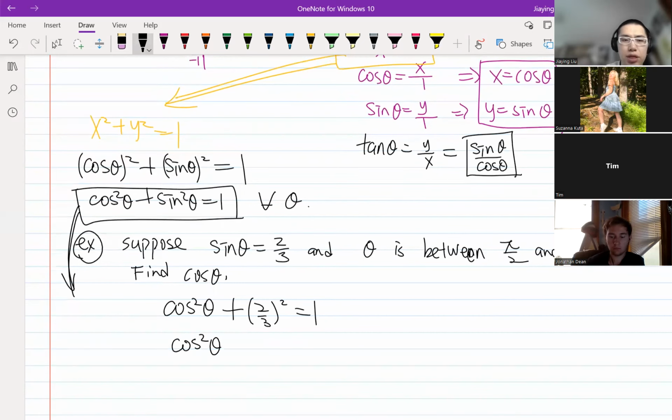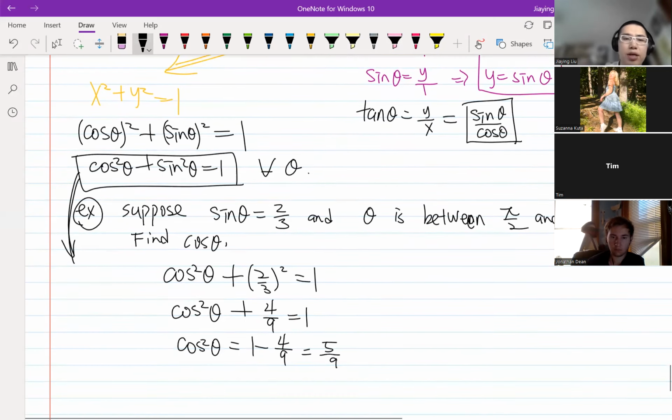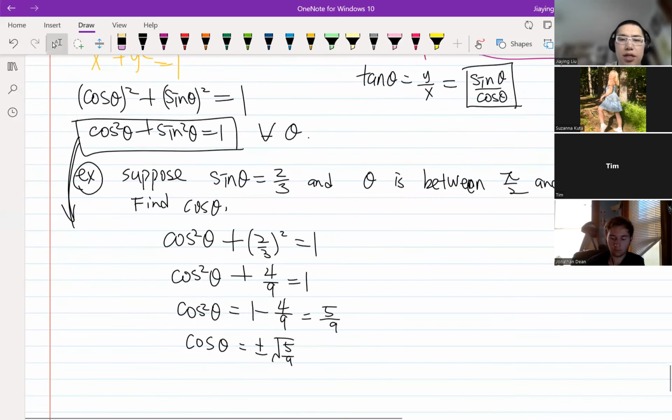So cosine squared theta plus 4/9 equals 1, so cosine squared theta equals 1 minus 4/9, which is going to be 5/9. And then take the square root on both sides, we get cosine theta equals plus or minus the square root of 5/9. That's going to be plus or minus square root of 5 over 3.